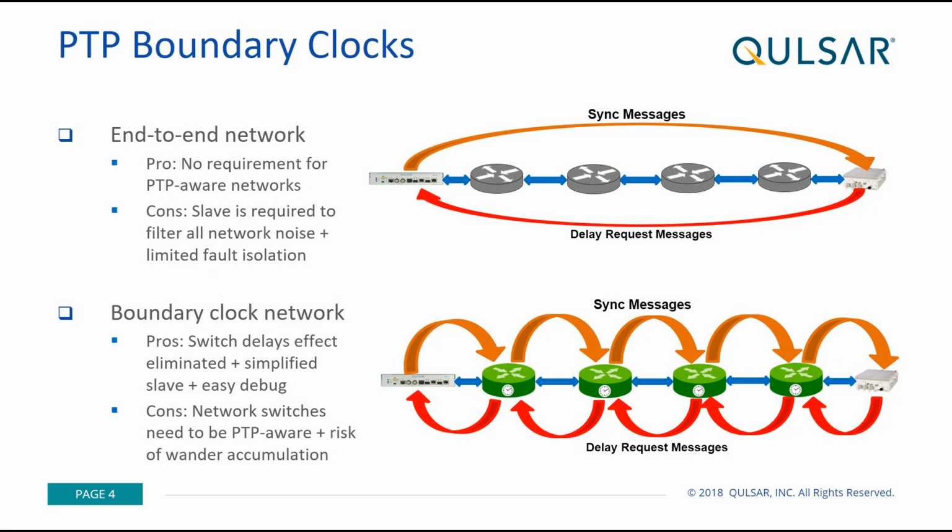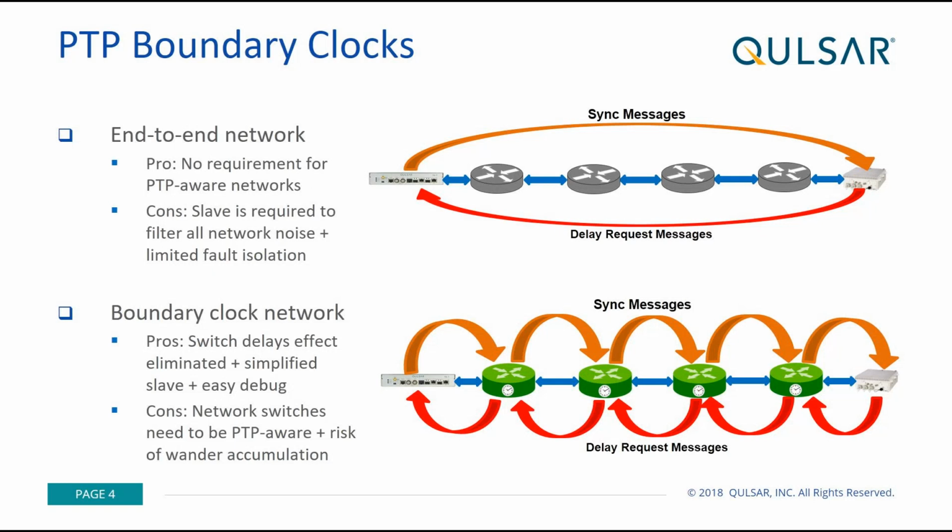So here we have the master device at the left-hand side, and we have the slave device that is recovering time at the right-hand side. The messages just pass backwards and forwards through the network and get subjected to any interference on the network, such as packet delay variation, which is the noise that is introduced when packets get delayed by other packets on the network. You have to remember that these messages are just part of the overall traffic and they're competing with everything else on the network.